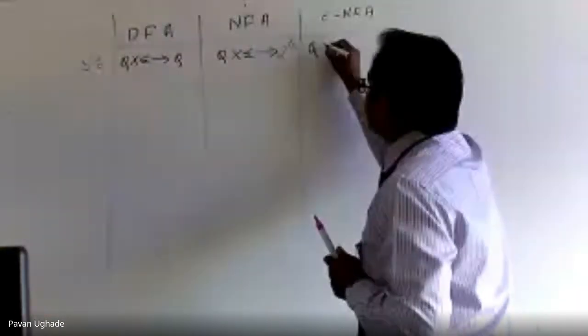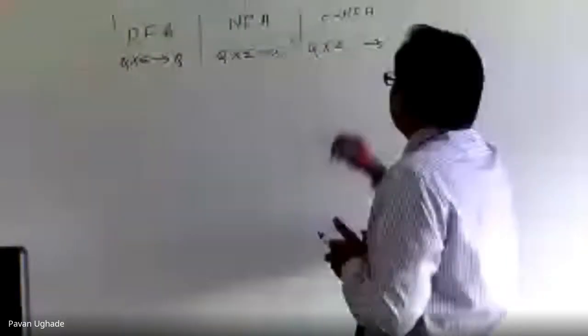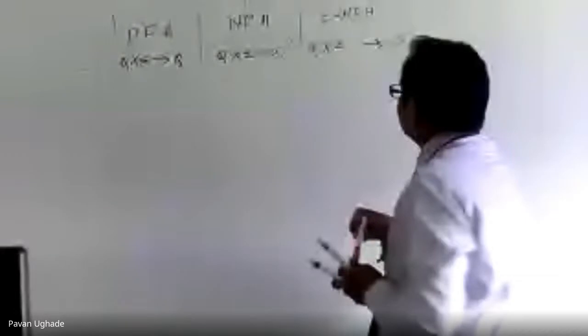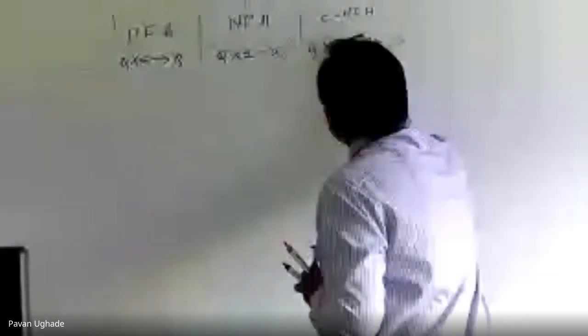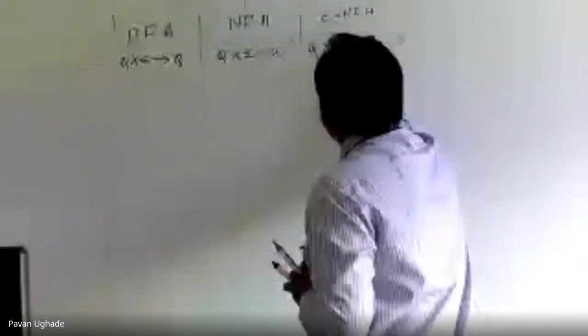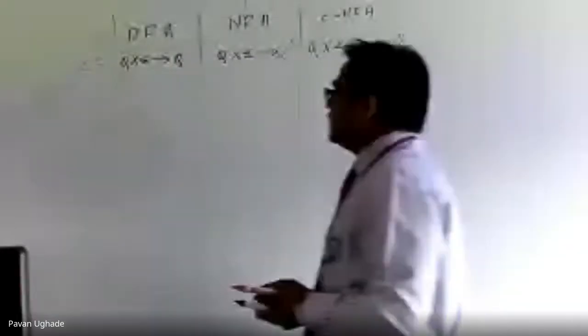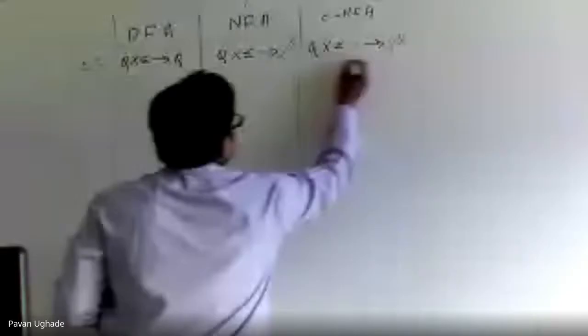The next is Q over sigma, it is 2 raised to power Q, phi. Along with that, here there is union epsilon. Okay, I hope the first point is clear. If you are in doubt, please put it in the chat box.